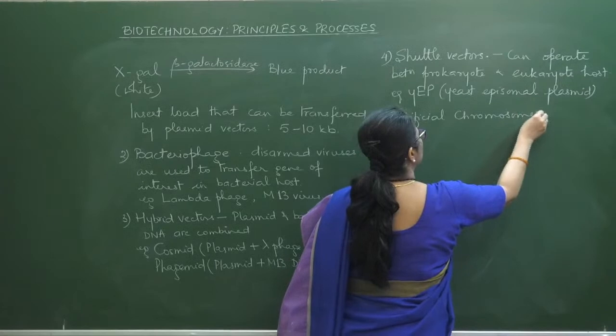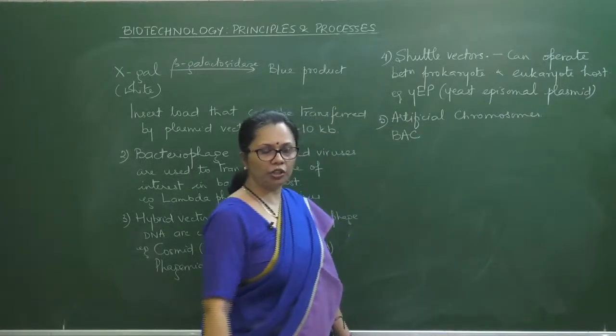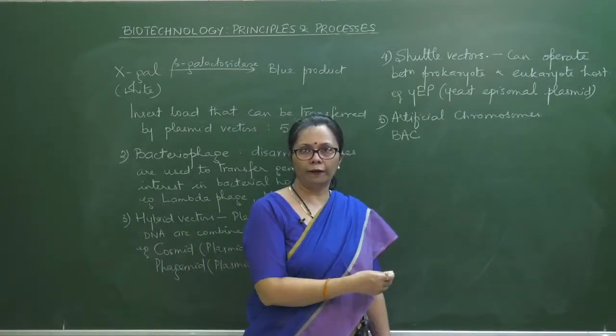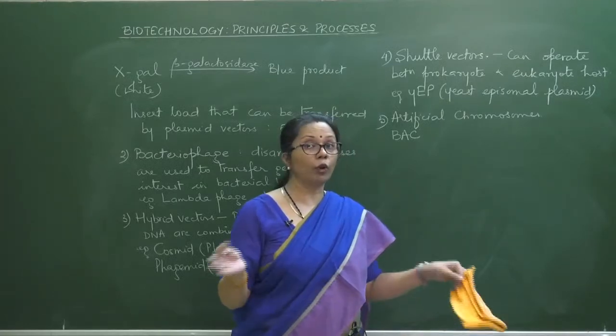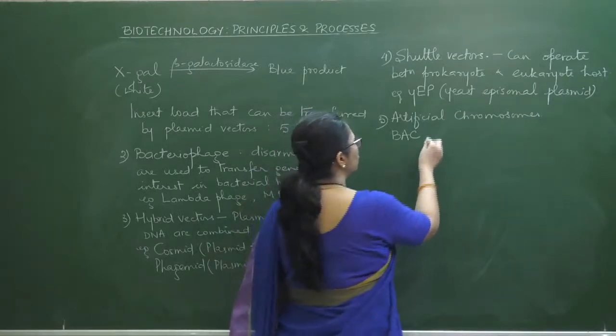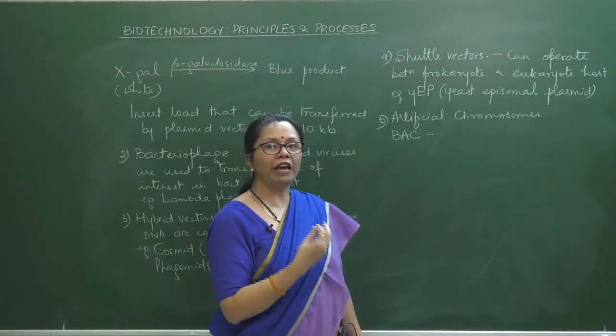as vectors. So in this we have bacterial artificial chromosome. This name must have come up when you were doing the human genome project. For cloning human genes, because they are quite large, we have used BAC and YAC. So BAC is bacterial artificial chromosome. This one is prepared from F plasmid.